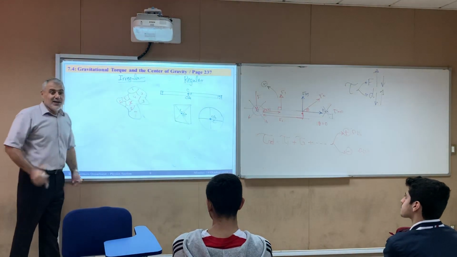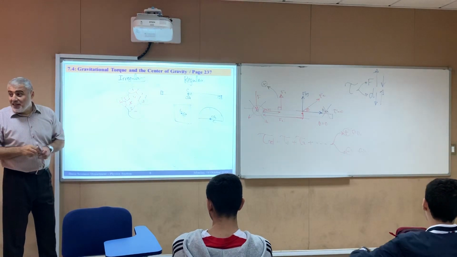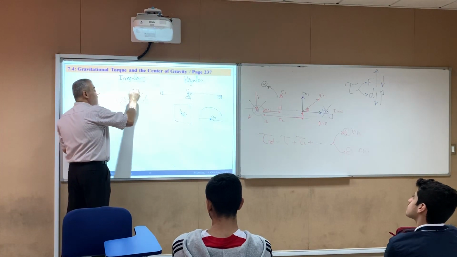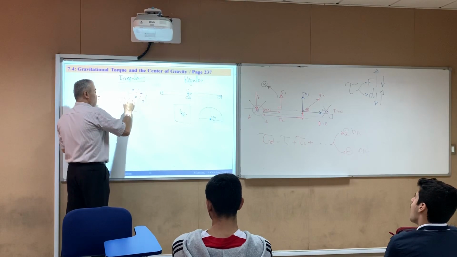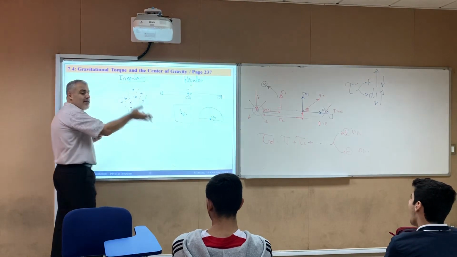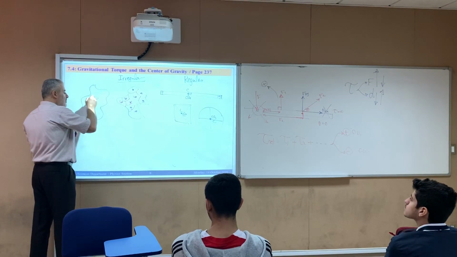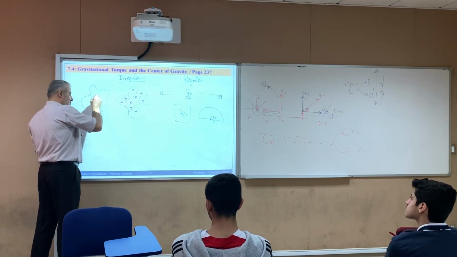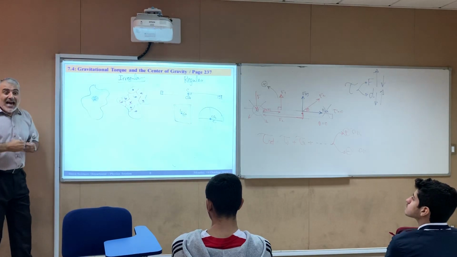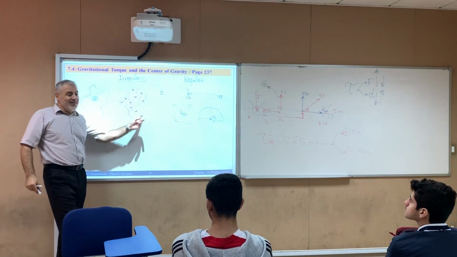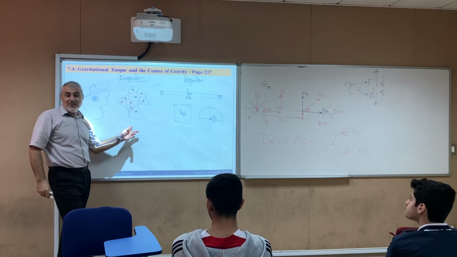We find the center of gravity for each segment, and then we add them up to find only one center of gravity for all of them. This point is a summation of all these. This is the idea.